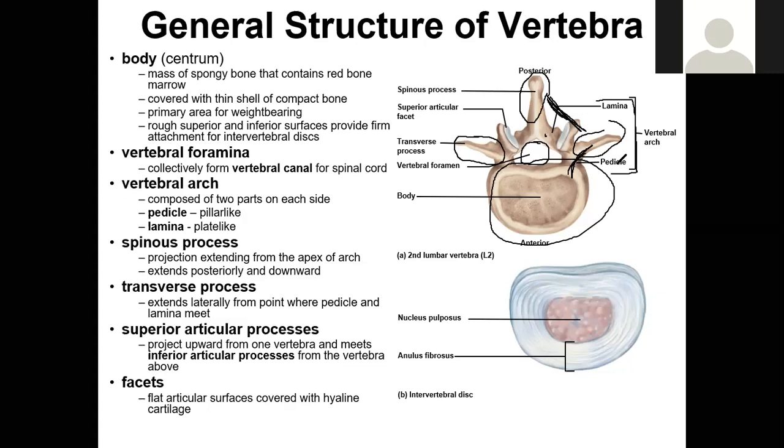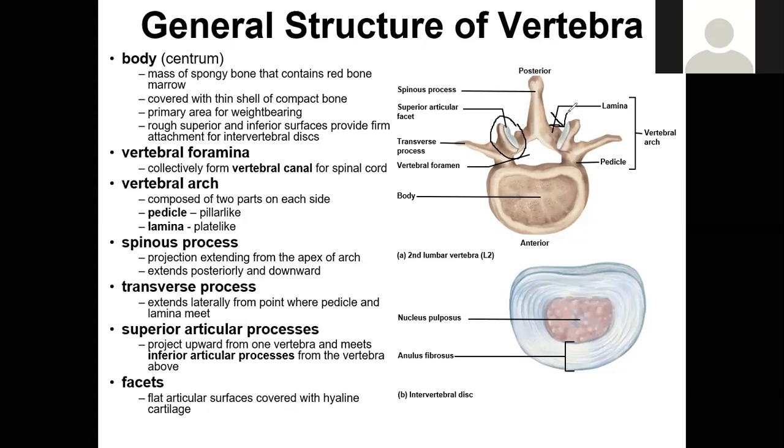Also on the vertebra is this area right here. All right, this area is an articular process. This is where the vertebrae basically connect and articulate with each other. All right. And on these processes are these facets, these smooth areas.